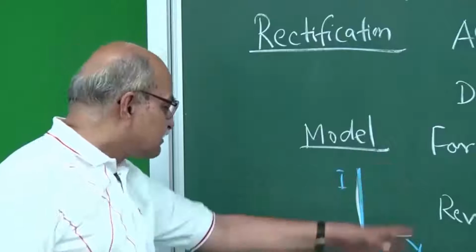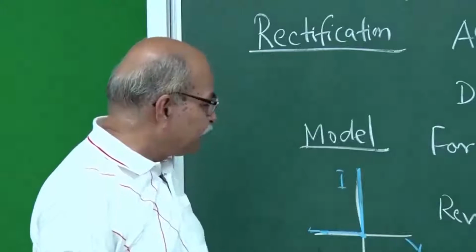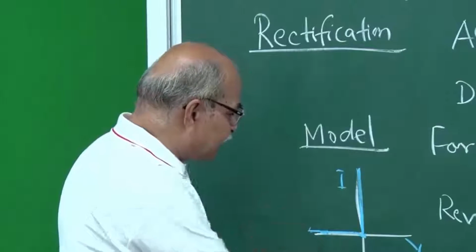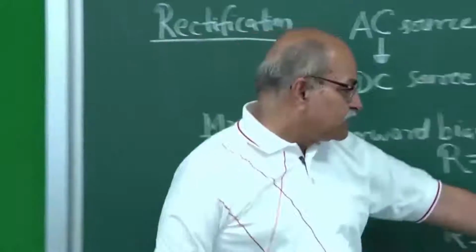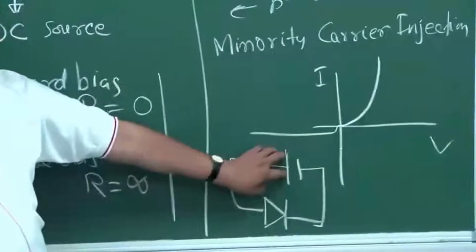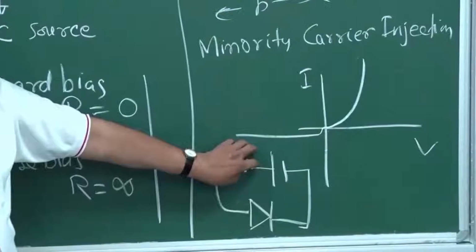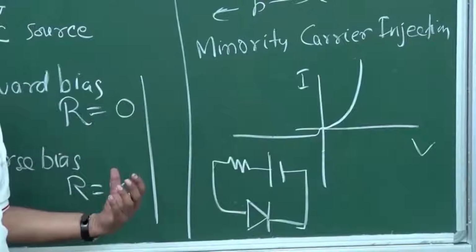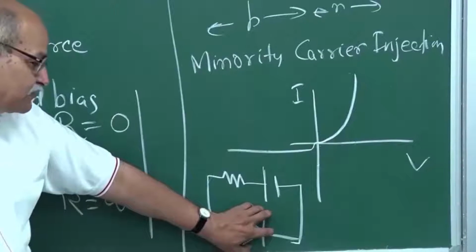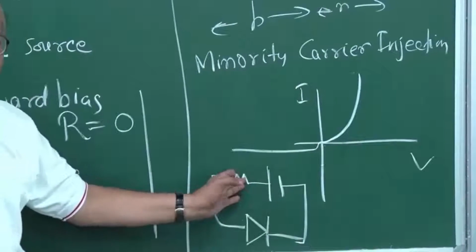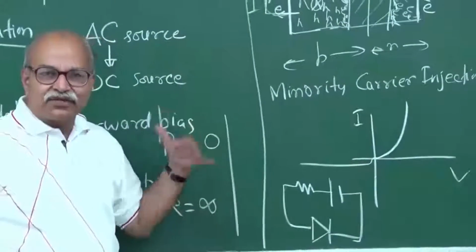Now why this peculiar drastic approximation? Is it anywhere close to the reality? Yes, it is, because for forward bias, your circuit has some resistance. So if this resistance is small as compared to that circuit resistance, this approximation is not bad. And similarly in reverse bias, if the resistance offered by this is very large as compared to the outside circuit resistance, it is not that bad.